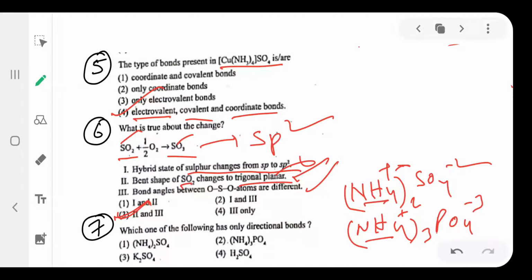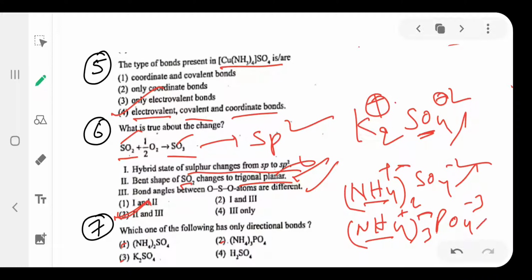Then K2SO4 has K plus ions and SO4 minus 2, and between them an ionic bond is also present. So these three have ionic bonds as well as covalent bonds. SO4 minus 2 also has covalent bonds. That's why the presence of the ionic bond makes these three non-directional.